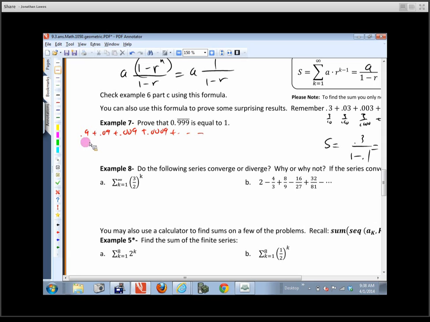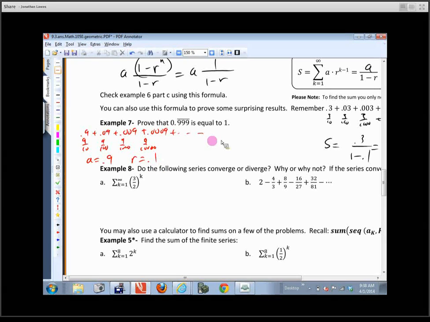If you want to think of it as a fraction, this is 9/10, this is 9/100, this is 9/1000, this is 9/10,000. That might be easier to see what the common ratio is. So the first term is 0.9. What's the common ratio? 1/10.